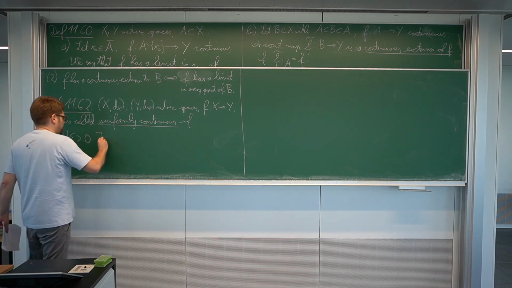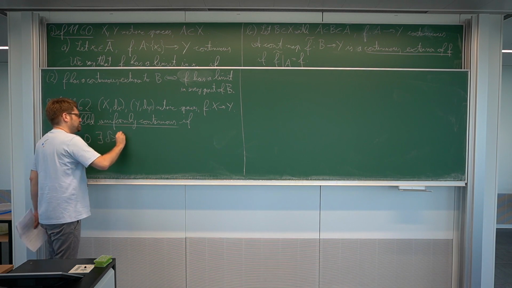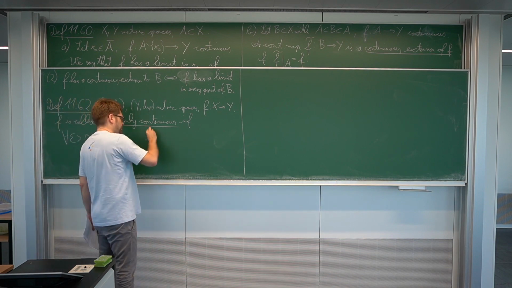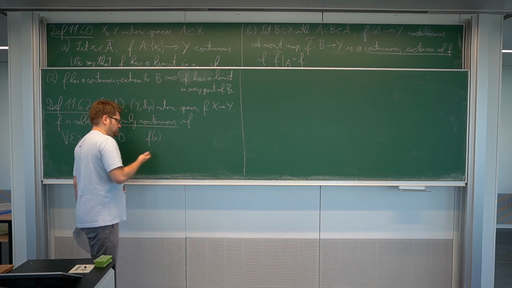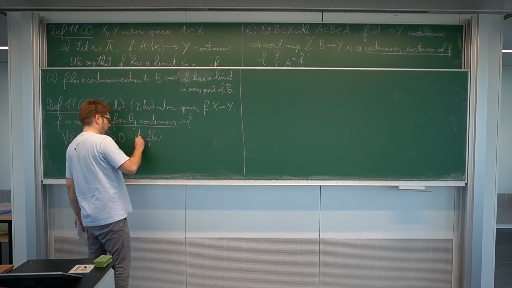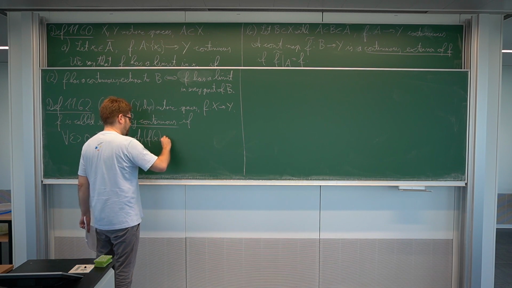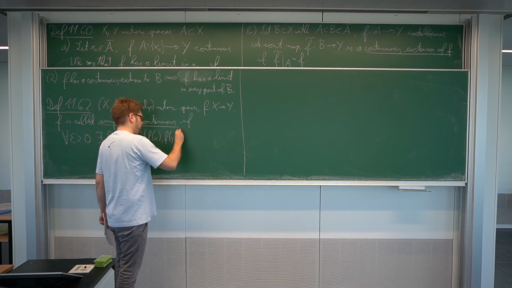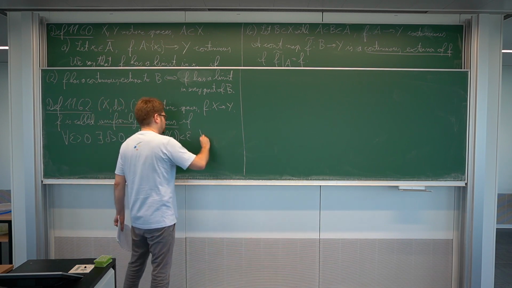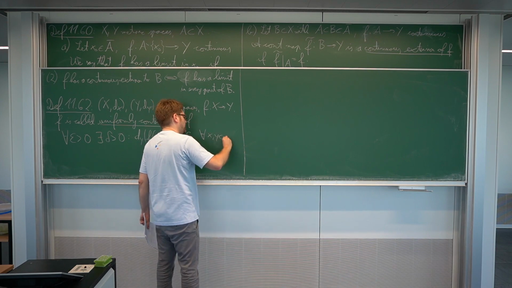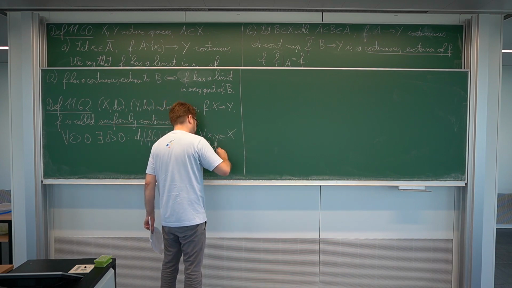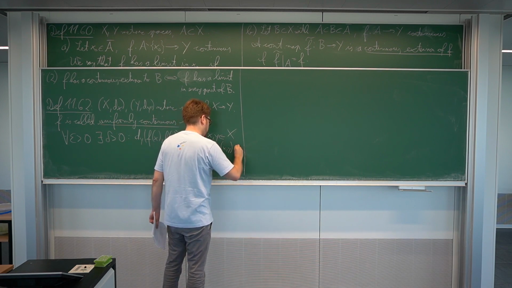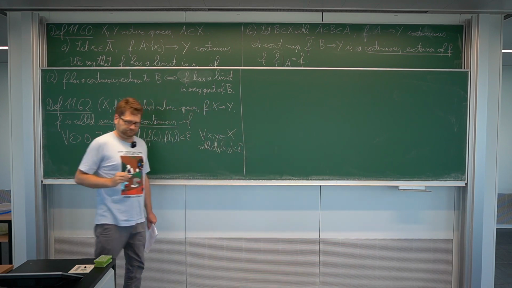For every epsilon bigger than 0, there exists a delta bigger than 0, such that, now we again need to compare two values of f, and we again do this by the metric, dY of f(x), f(y) is smaller than epsilon for all x and y in X with distance dX(x,y) smaller than delta.